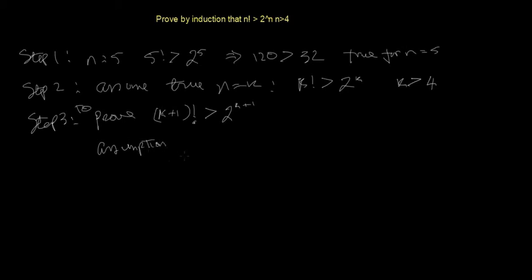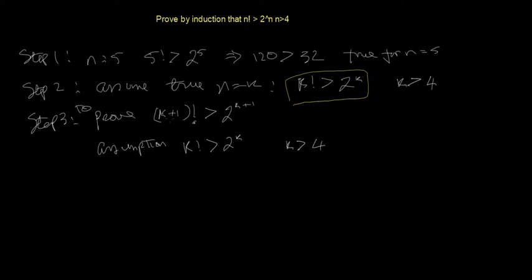The assumption is, here, I'll do it in yellow maybe. This is our assumption here: k factorial is greater than 2 to the power of k, and k is greater than 4. Okay, so I need to convert this k factorial to k plus 1 factorial.